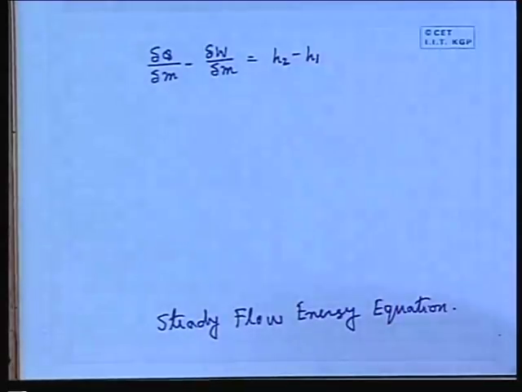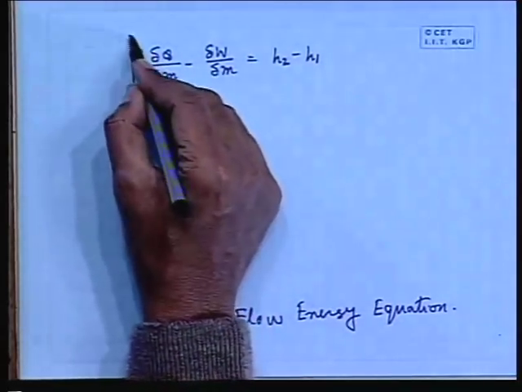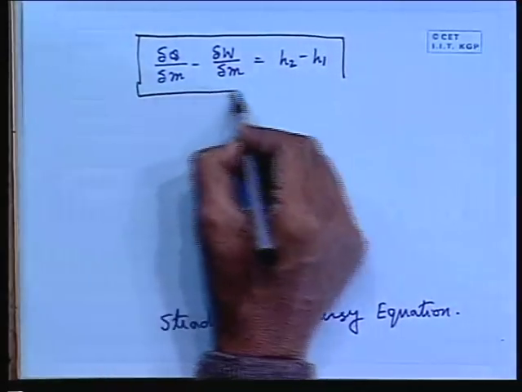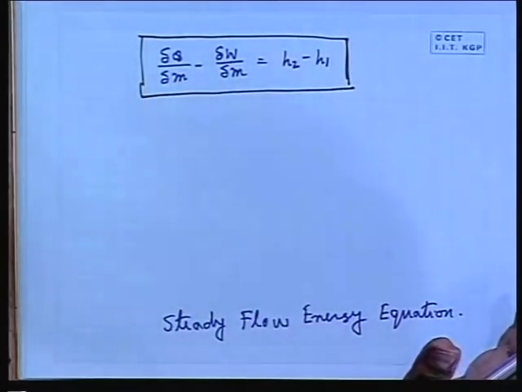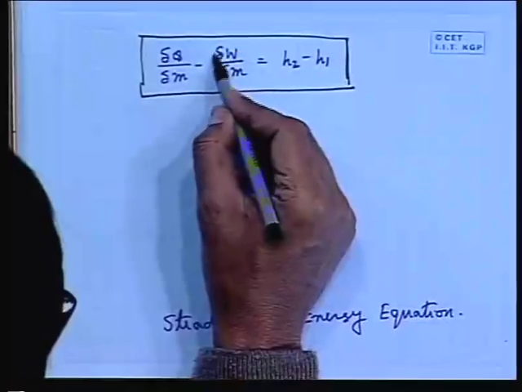It has very, very important implications. That means for a control volume, the difference between the heat and work interactions comes out to be the change in enthalpy between the outlet and inlet streams of fluid, provided the changes of kinetic and potential energies are negligible. You understand?